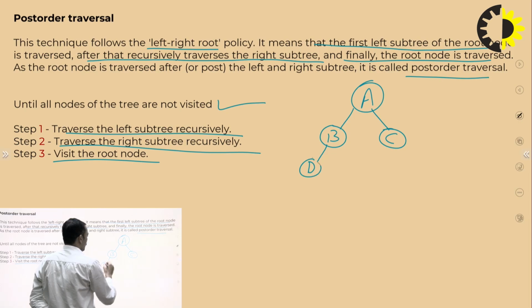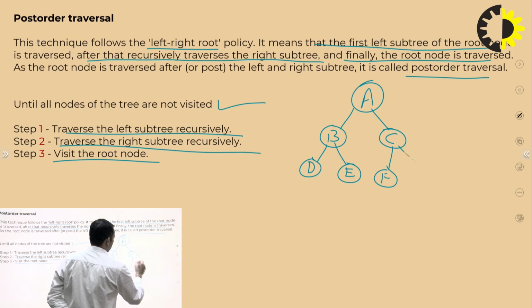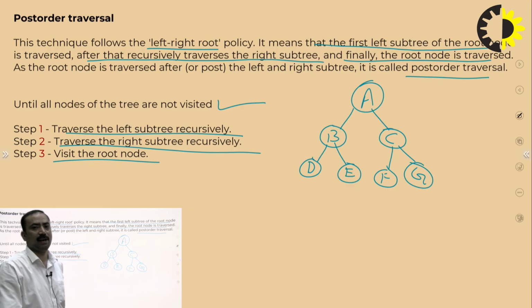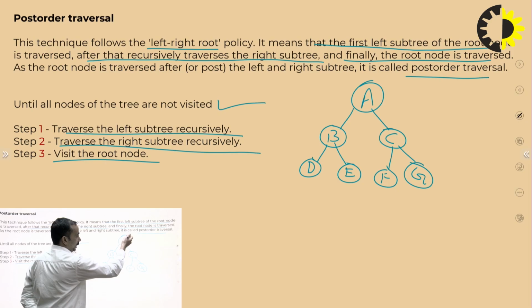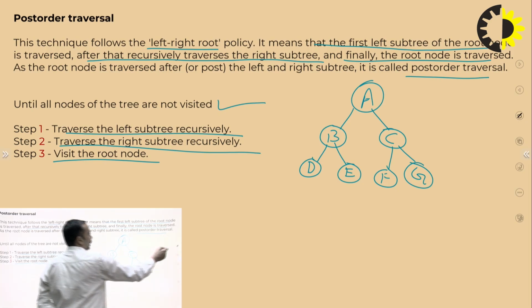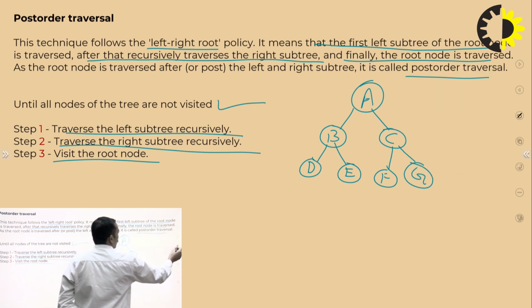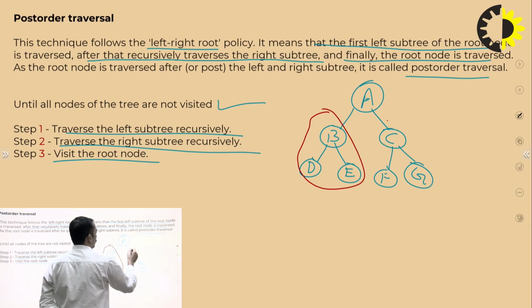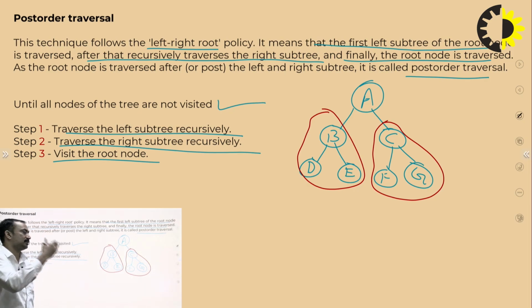We have a tree like this, and we want to traverse it with the help of post-order traversal, in which we have a root A, a left subtree of the root, and a right subtree of the root.